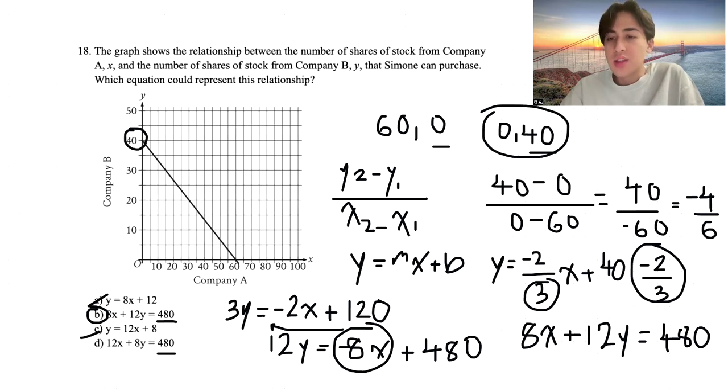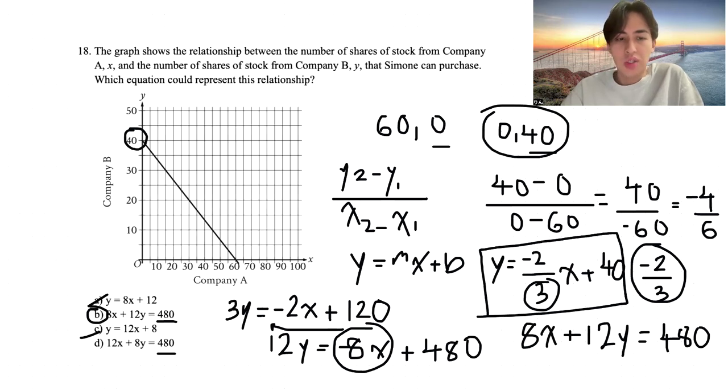Then you will get your equation for the graph. Technically, this will be your final step in most scenarios, but this is not one of your options. So you have to do a few more steps to find the equivalent equation, which is B. 8x plus 12y equals 480.